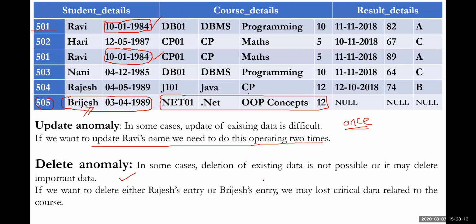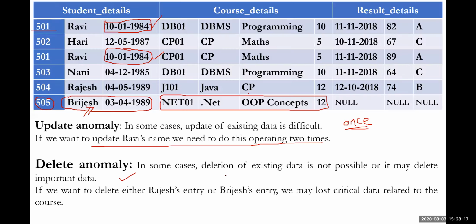These are the anomalies. So to avoid all these things, what exactly are you supposed to take into consideration, and how will the decomposition process be done? To avoid these, first is functional dependency.